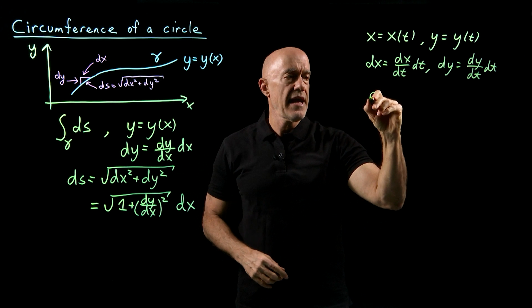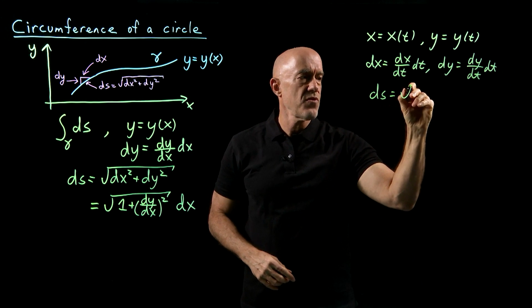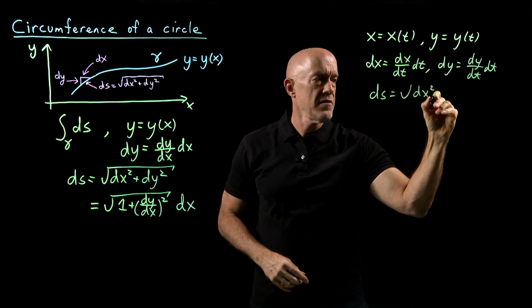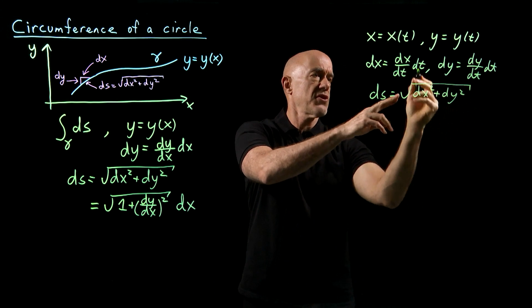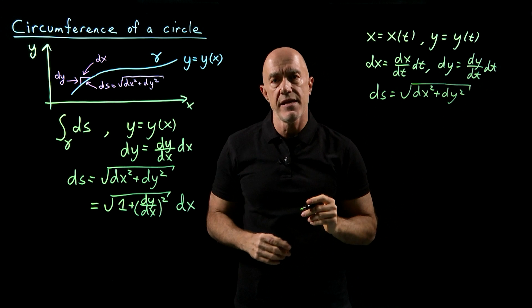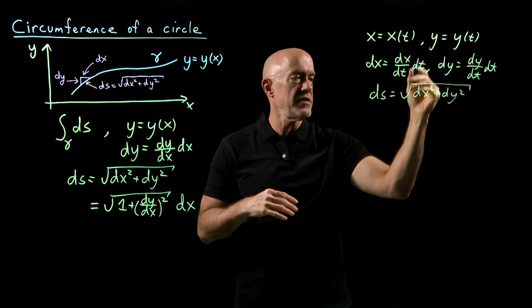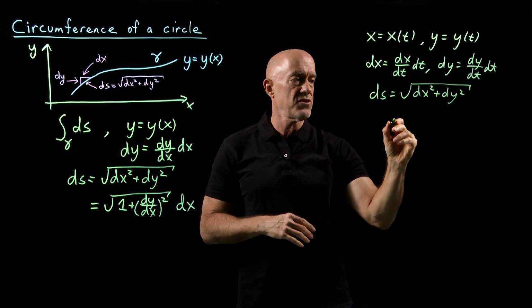Then our ds is again the square root of dx squared plus dy squared. Now each of these terms will have a dt squared in it, and we can factor out dt squared and then take the square root.